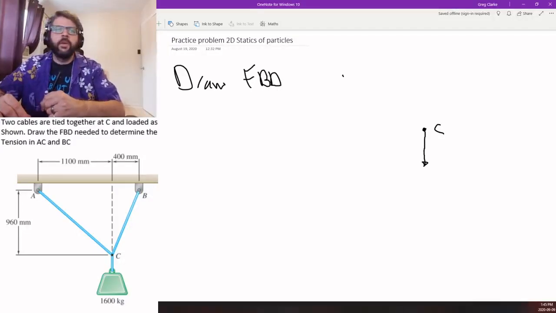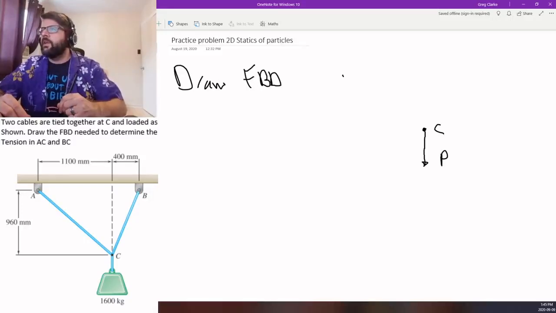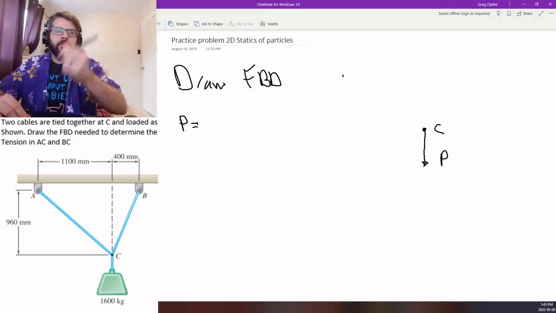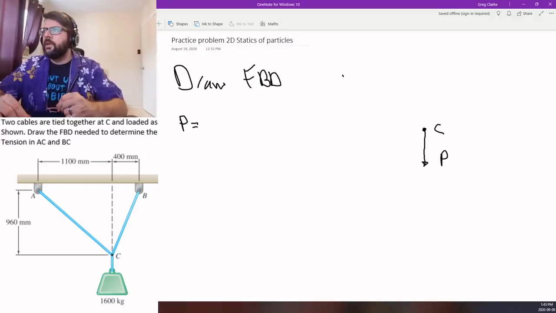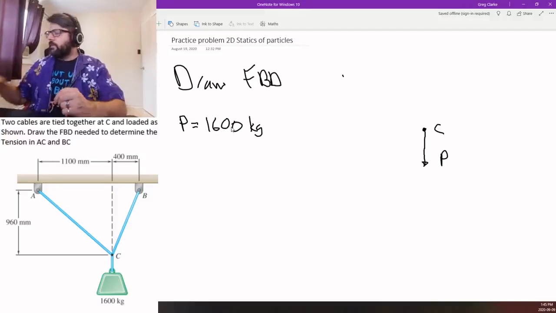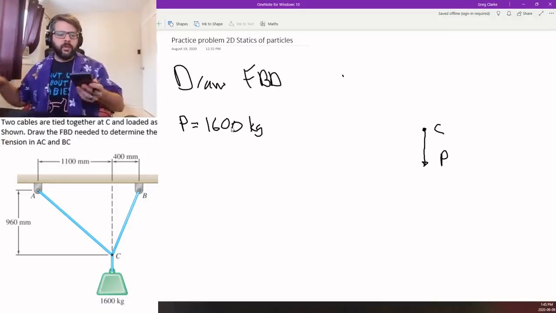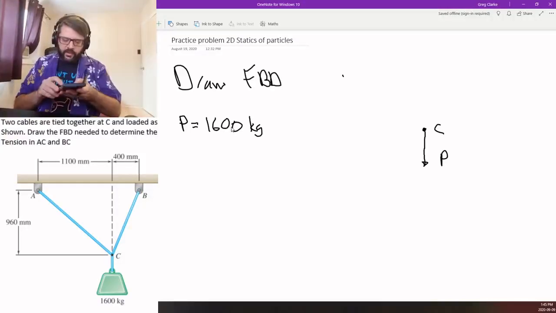And we'll just apply the forces that we know are acting upon it. So first off, we've got the load. Let's call the load P. We can figure out what the magnitude of that load is. So we know that it is supporting a load that is 1,600 kilograms. And we can assume, it's not necessarily stated, that it's acting in Earth's gravity.